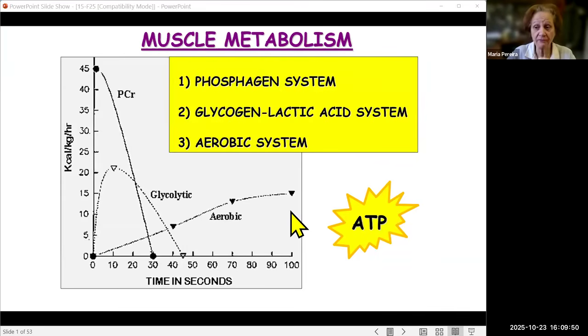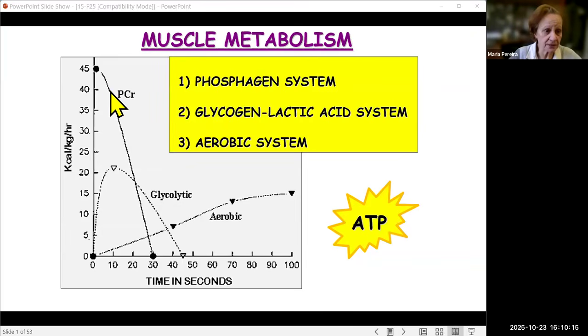Okay, so the muscles have a third mechanism for producing ATP, and that's the phosphagen system. This phosphagen system relies on an amino acid analog, which is creatine, and creatine is phosphorylated, so it's phosphocreatine, and it's known as the phosphagen system.